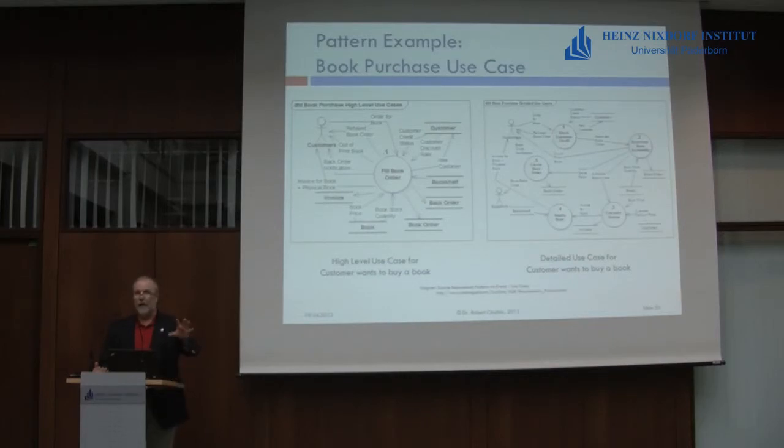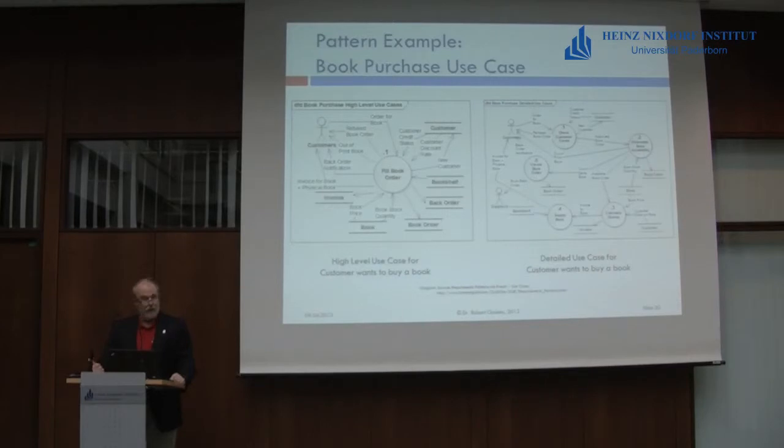Here are all my actors, my repositories, and the data. I need to know customer data, I have to know what's on my bookshelf, I have to be able to do back orders if I don't have it, I've got to have the books, and I've got to invoice my customer.